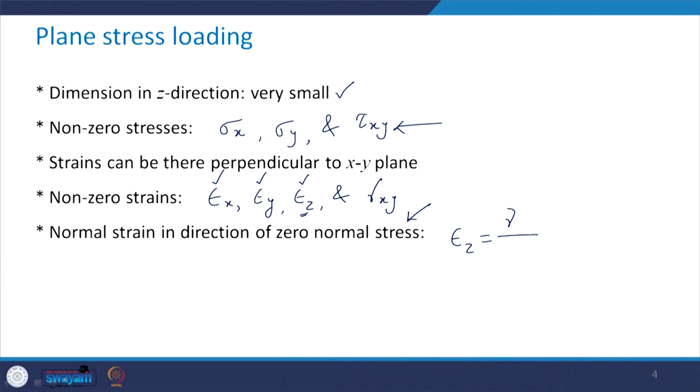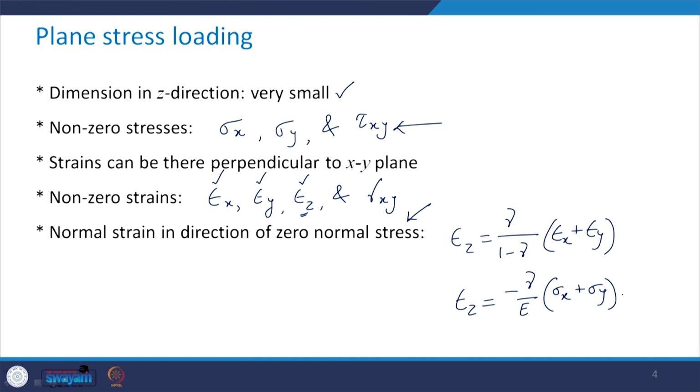So, what is the expression for this epsilon z? We will get epsilon z as minus nu upon (1 minus nu) into (epsilon x plus epsilon y), or this can also be represented as minus nu upon E times (sigma x plus sigma y). So, this is how all the components of stresses and strains can be determined in case of the plane stress loading.